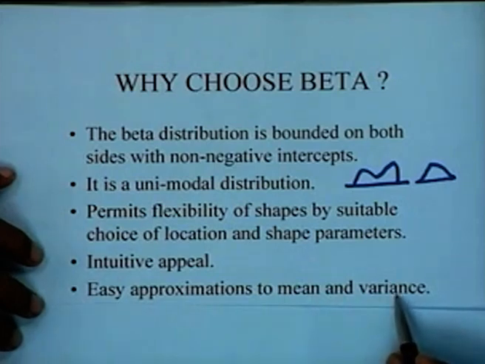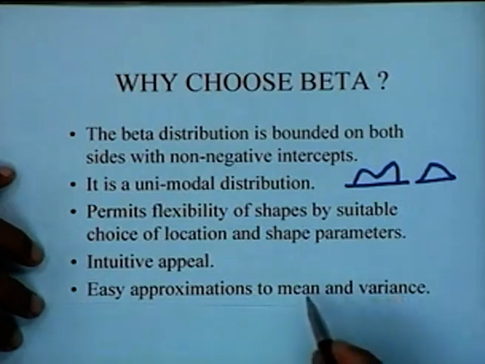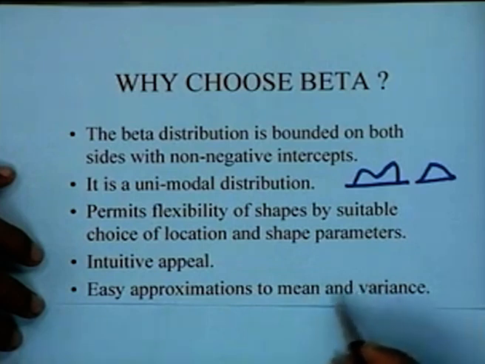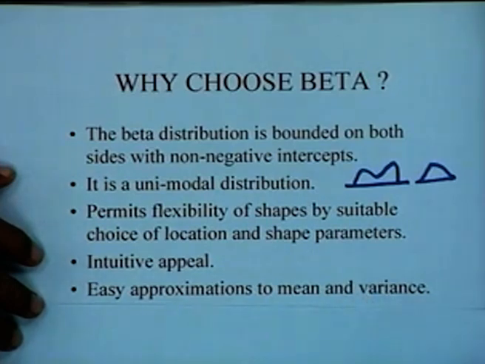The two formulas that we just mentioned for computing the mean and the variance can actually be derived as very simple approximations of the true values of the mean and the variance from the properties of the beta distribution. And these formulas are very convenient to use or adopt in practice.